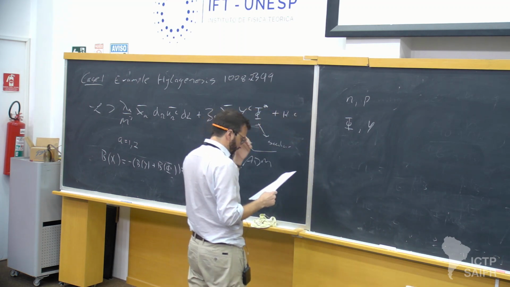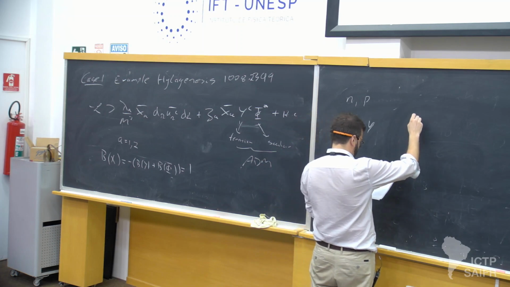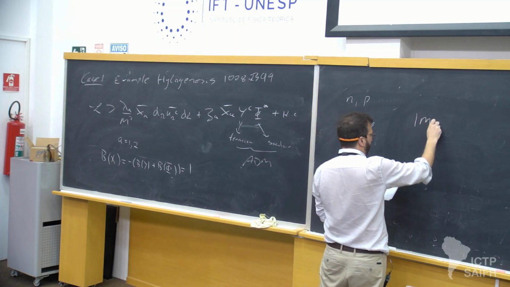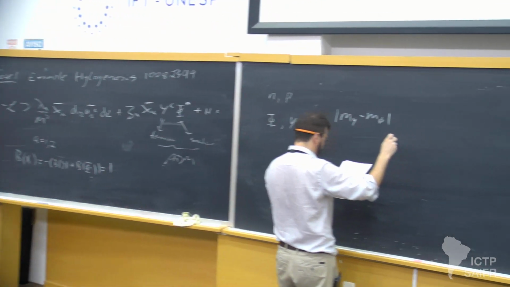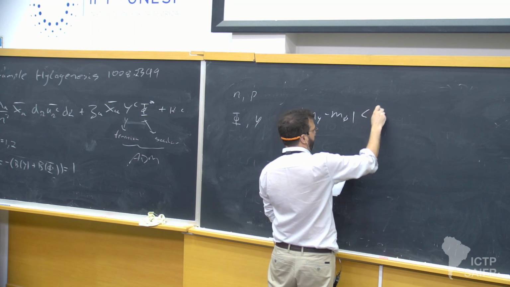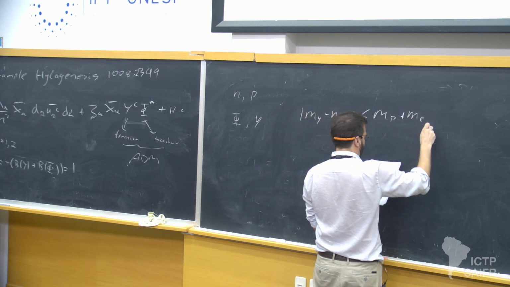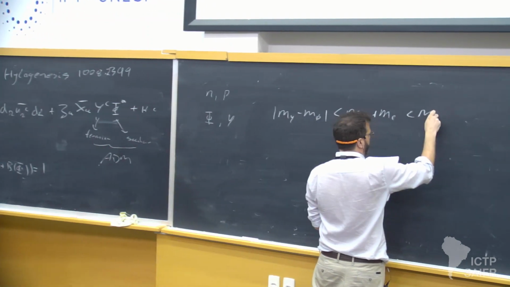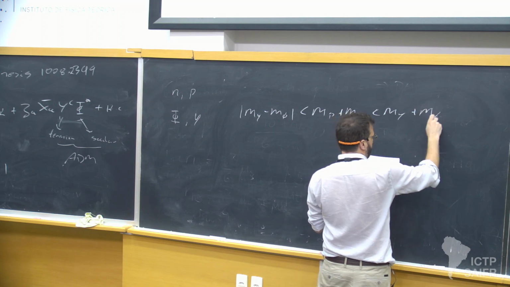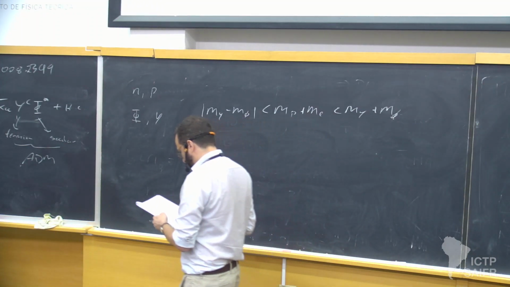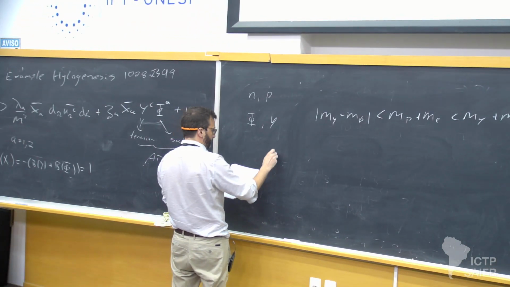So if we have the masses, the absolute value of m_Y minus m_phi less than the proton plus the electron mass, and if we have these within this range, which is possible, then the following decays are kinematically disallowed.